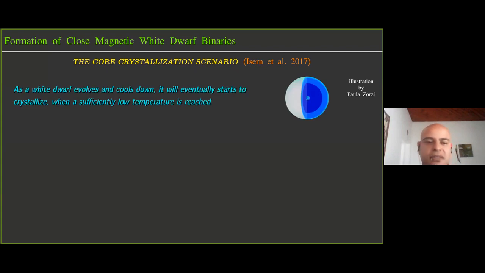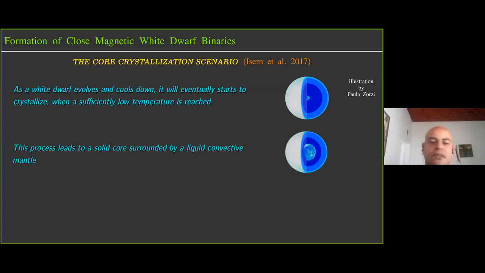The reason is that a white dwarf, when it cools down, will eventually start to crystallize. This happens when the temperature is sufficiently low, and this crystallization process provides a very nice configuration which corresponds to a solid core surrounded by a liquid convective mantle.